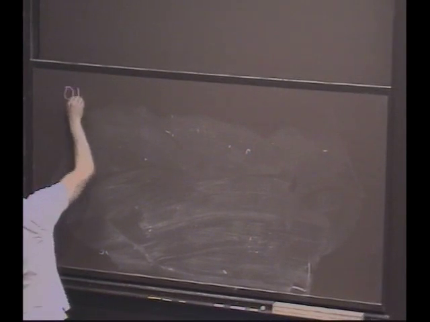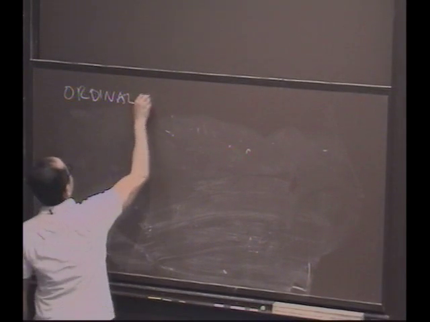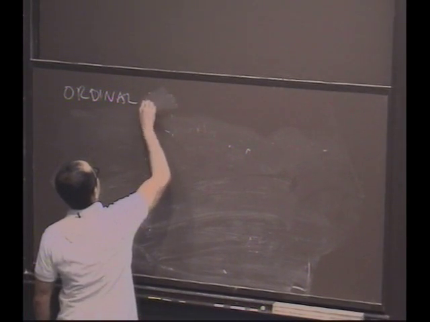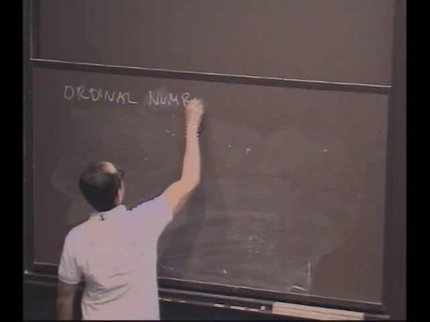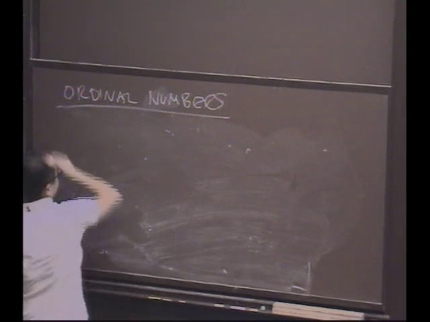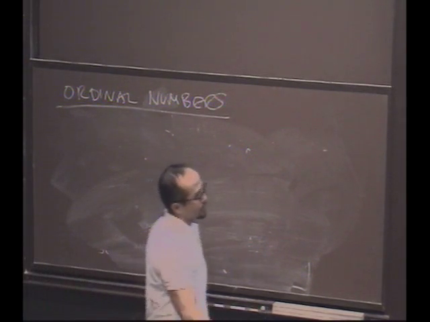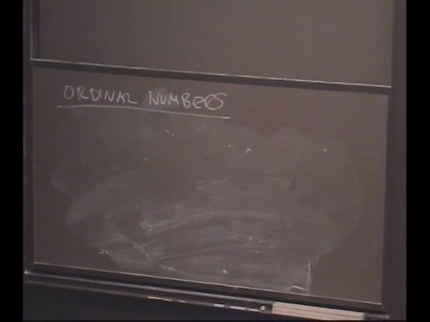So the first thing we have to learn about is how to count, and that's the subject of ordinal numbers. And once we define ordinal numbers, then we'll be able to say what it means to do transfinite induction. Induction, if you recall, is basically a way of reasoning about a whole family of statements.